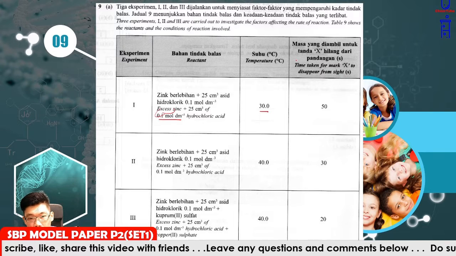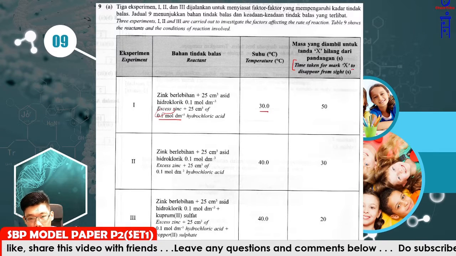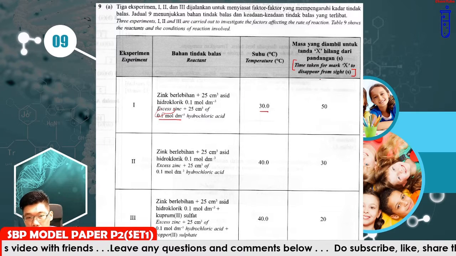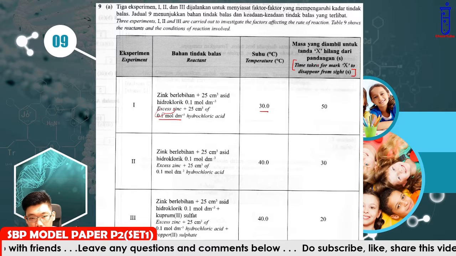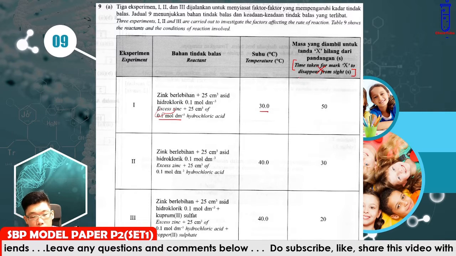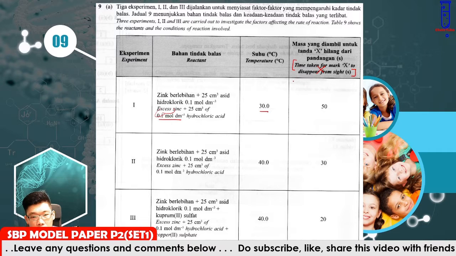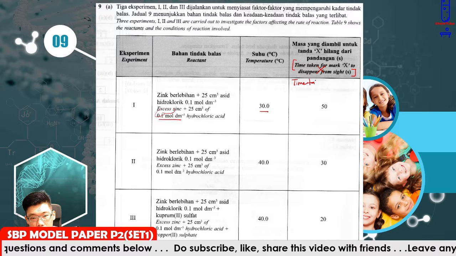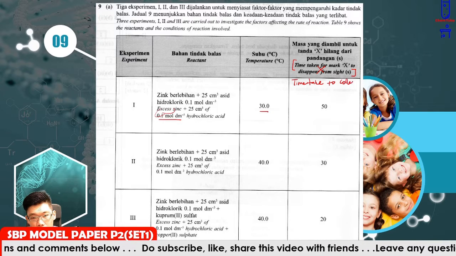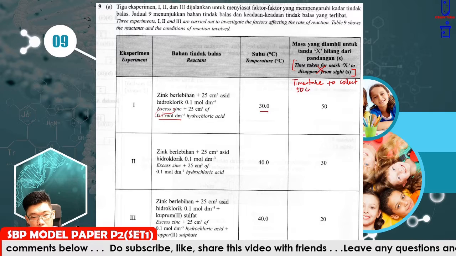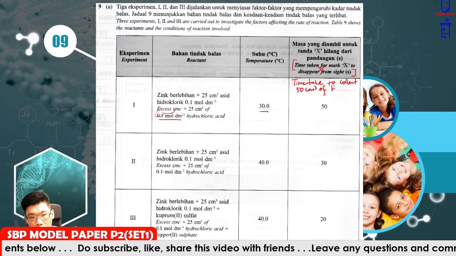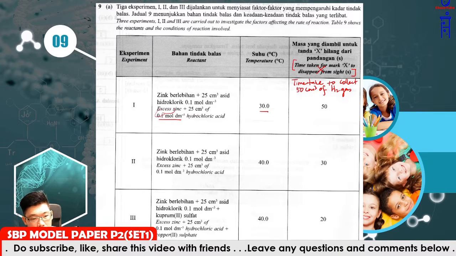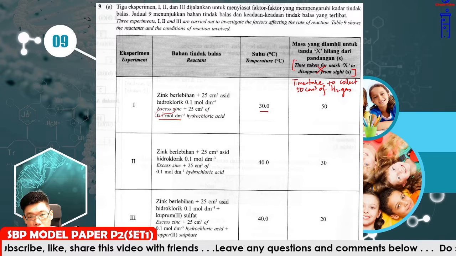If you notice this, this label actually is wrong. Why? Because in this reaction no precipitate is formed. So the correct one should be the time taken to collect, let's say, 50 cubic centimeter of hydrogen gas, because the reaction releases gas.